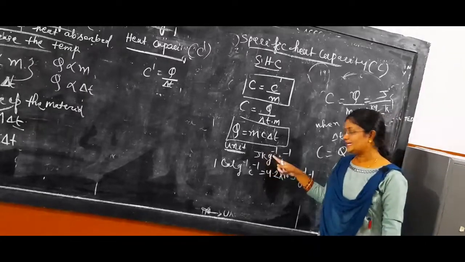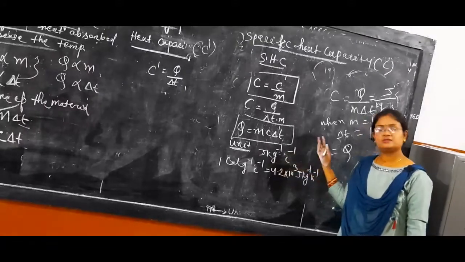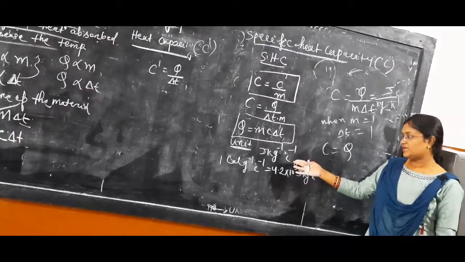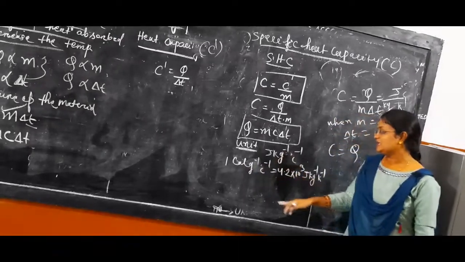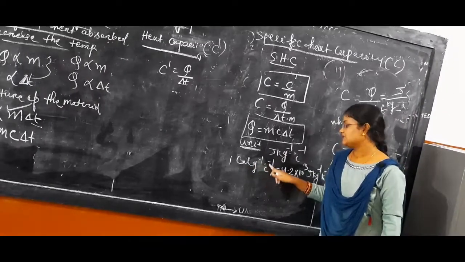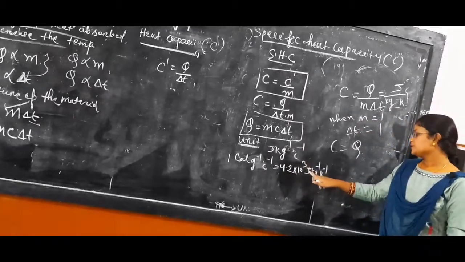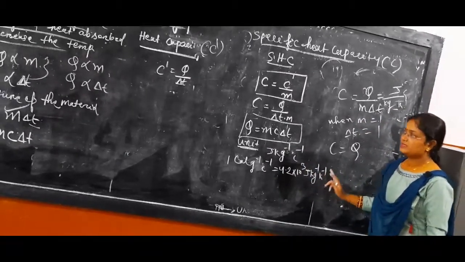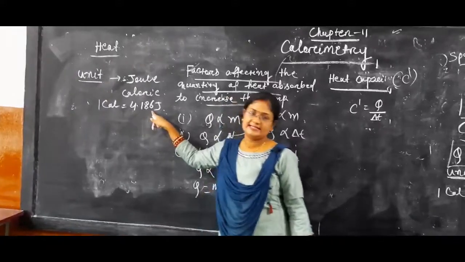So Joule kg inverse degree Celsius inverse, or Joule kg inverse Kelvin inverse also you can write. And if it is in calorie, you can convert it. 1 calorie gram inverse degree Celsius inverse equals 4.2 into 10 to the power 3 Joule kg inverse Kelvin inverse. Why? Because I had already told that 1 calorie equals 4.186 Joule.